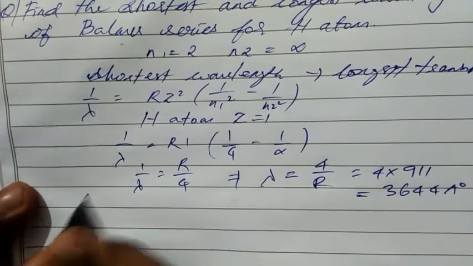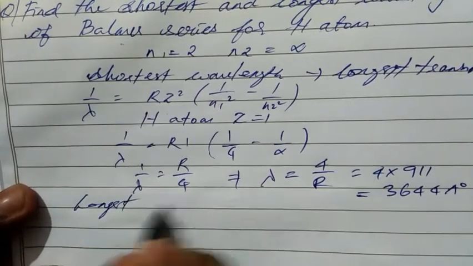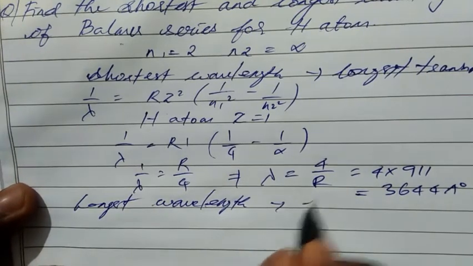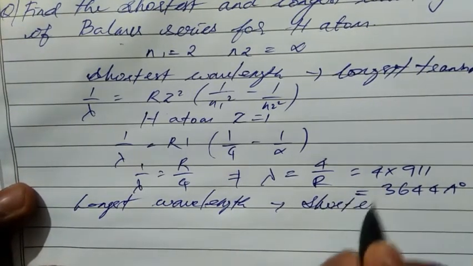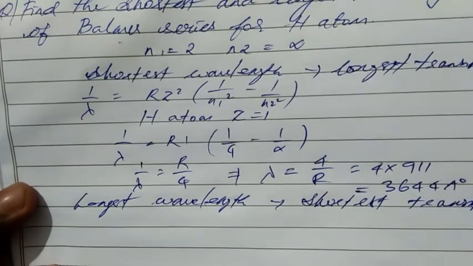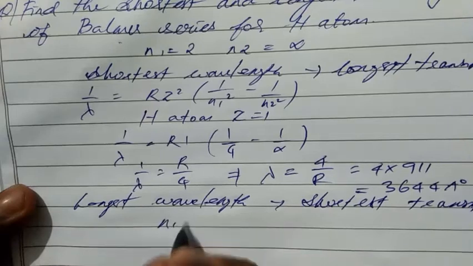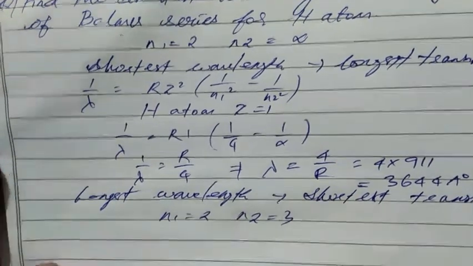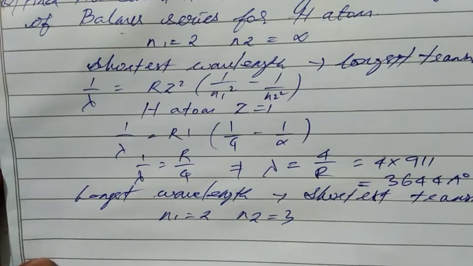Then what is the longest wavelength? For the longest wavelength, we have the shortest transition. For the shortest transition, we have n1 equal to 2, then n2 the next level, that is 3. Then we will have the shortest value.